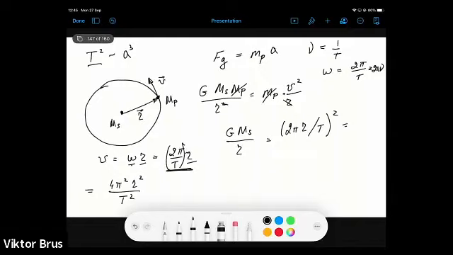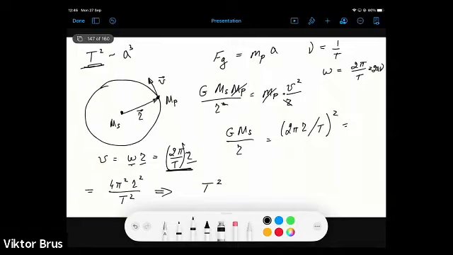Okay, so now what do we have? Actually, let's express from the last equation t squared, because we need to have t squared on the left side.